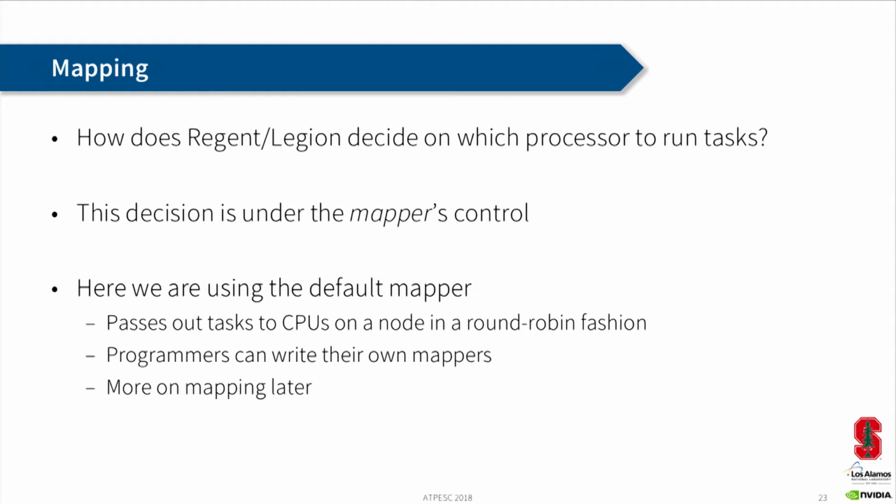So we provide a separate mapper API so that you can override the behavior of the default mapper, or you can write a mapper from scratch. Okay? I will talk more about the mapping in the later part of the slides.